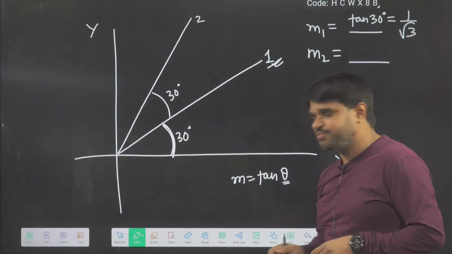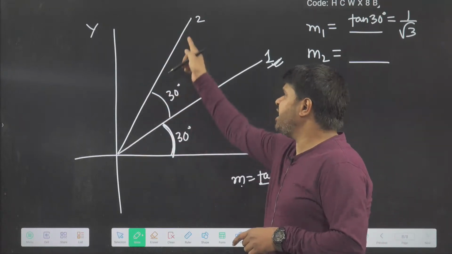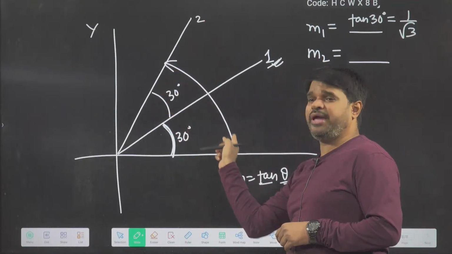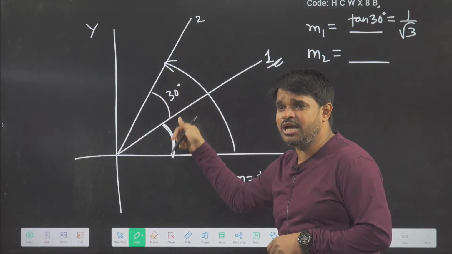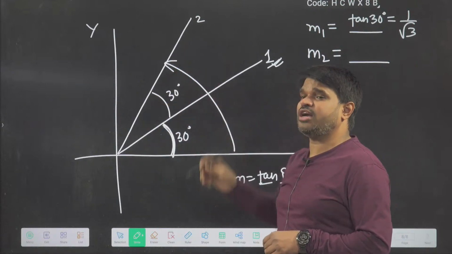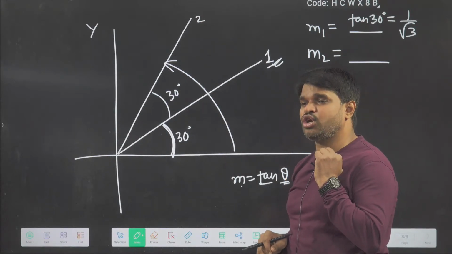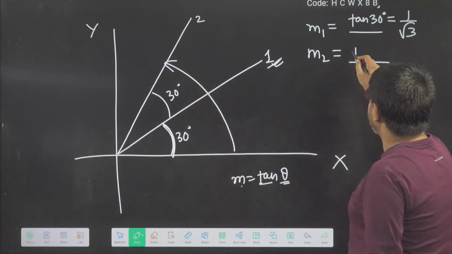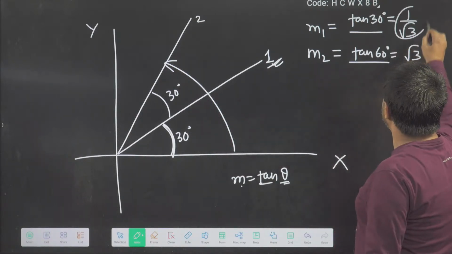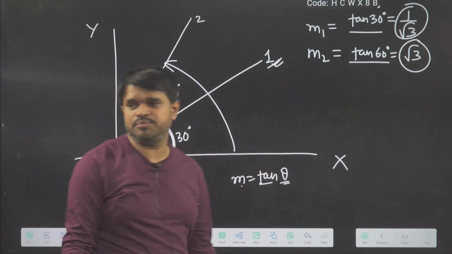The second line makes 30 plus 30, which is 60 degrees with the positive direction of the x-axis. So tan 60 is root 3. So the slope of the first line is 1 by root 3, and the slope of the second line is root 3.